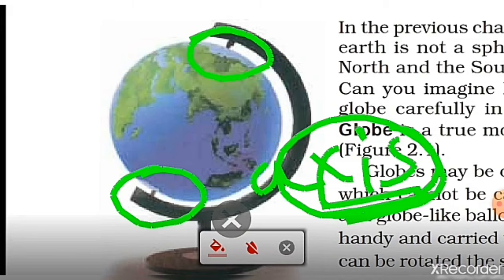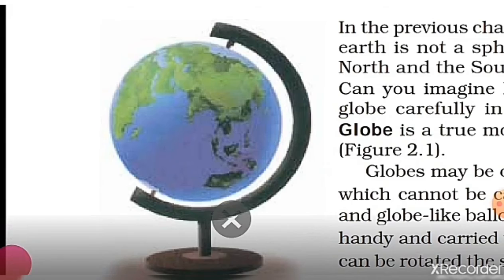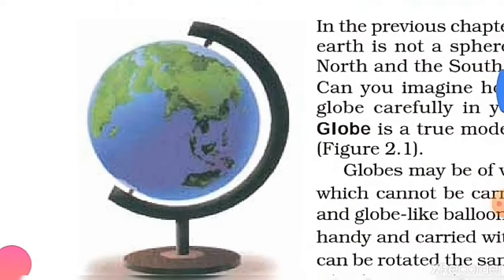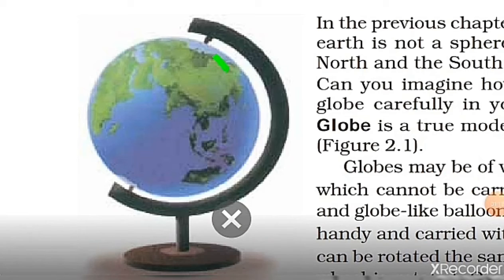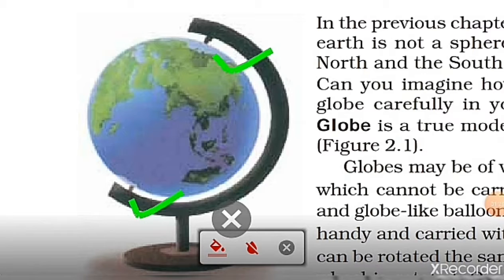That means the globe rotates on its axis. There are two points on the globe: first is the North Pole, second is the South Pole.